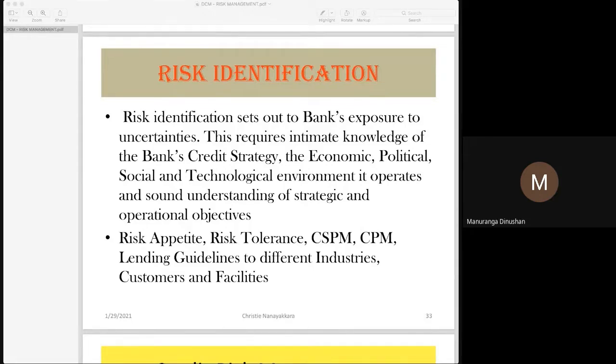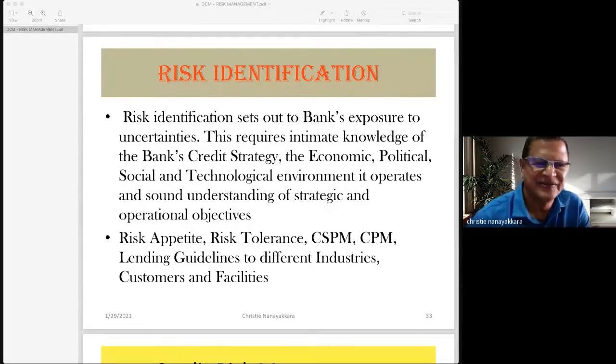Right. So now on the risk management side, the first step is identification.